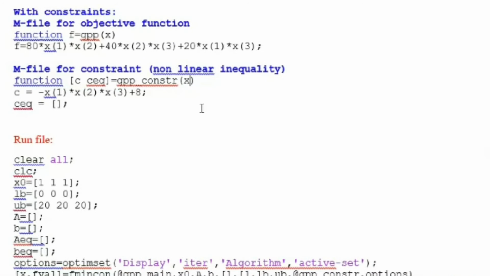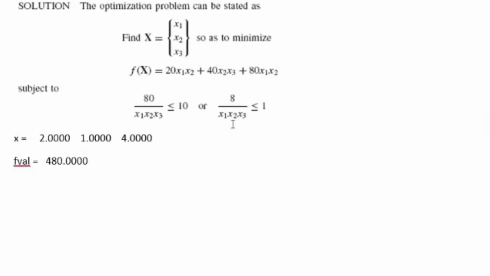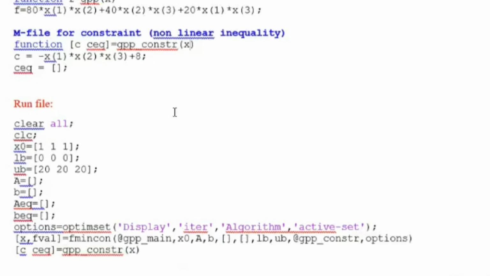If three are there, constraint 1 separated by semicolon, constraint 2 separated by semicolon, constraint 3, like that within the square brackets. So all the constraints can be simply typed, right? And then CEQ, nonlinear equality type constraints. In the current problem we don't have any nonlinear equality type constraints, only inequality type constraints. That is why it is simply an empty square bracket, right?